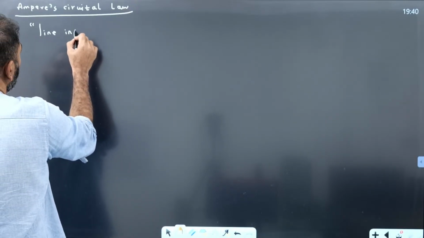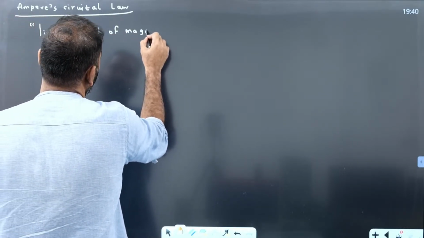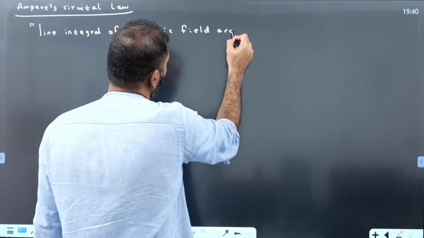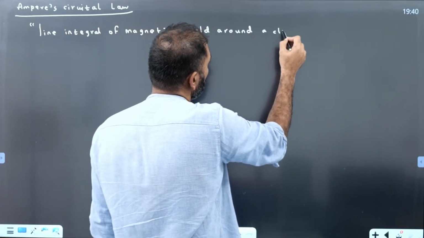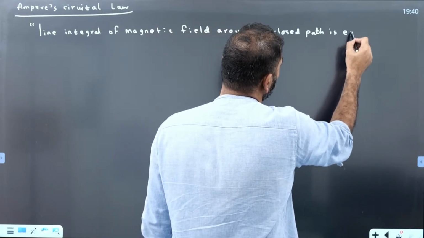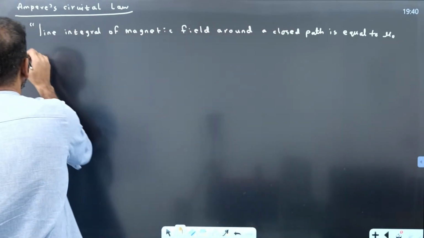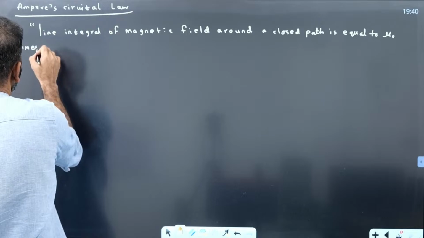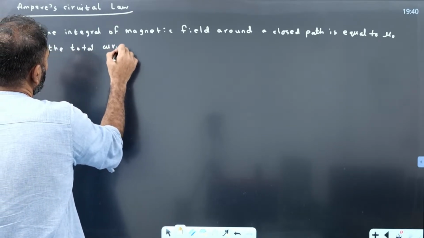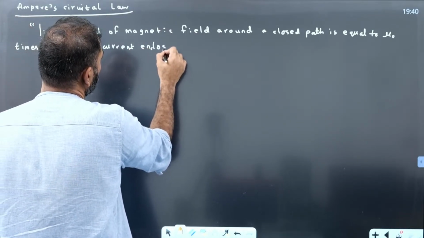Line integral of magnetic field around a closed path is equal to mu 0 times the total current enclosed by the path.